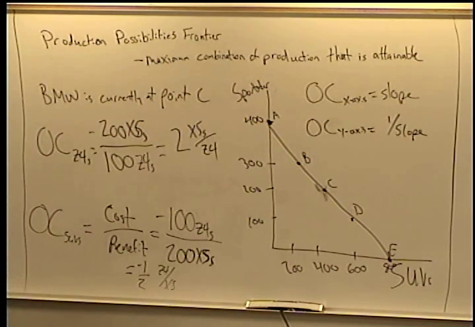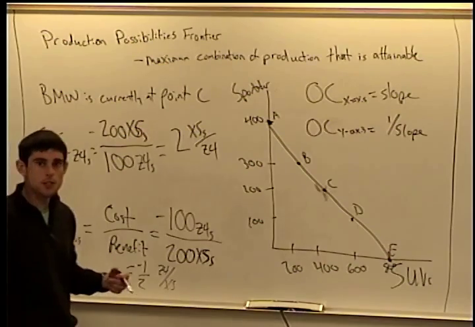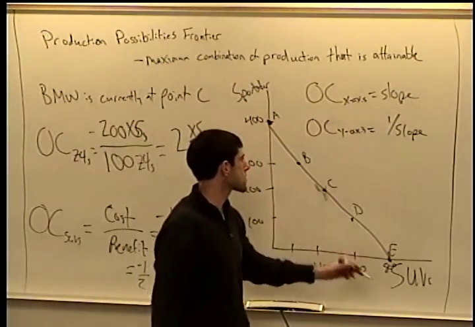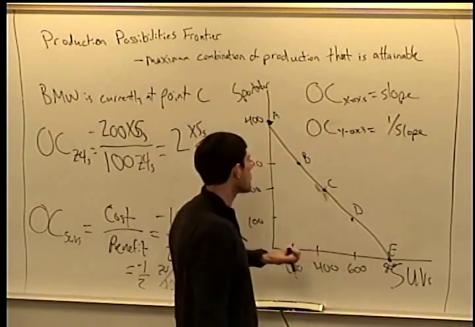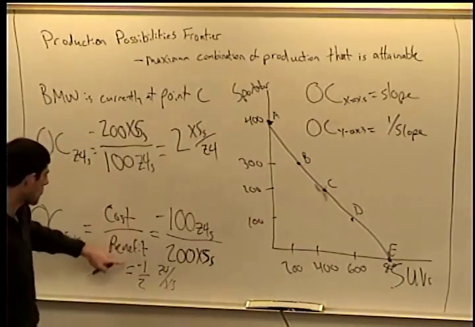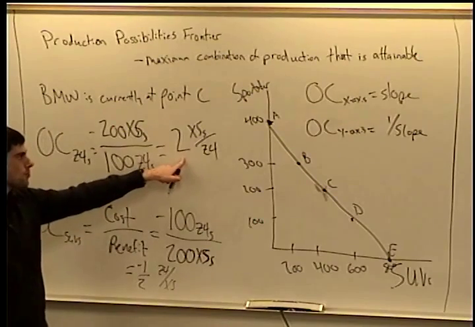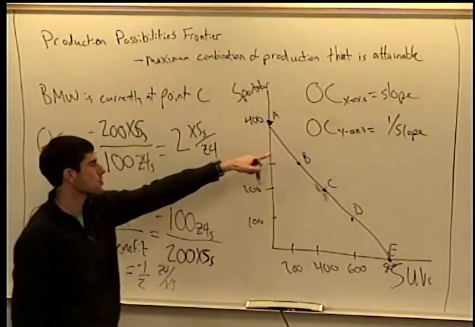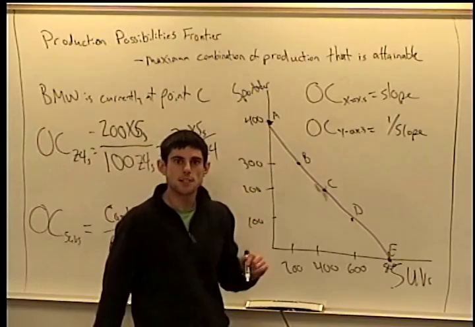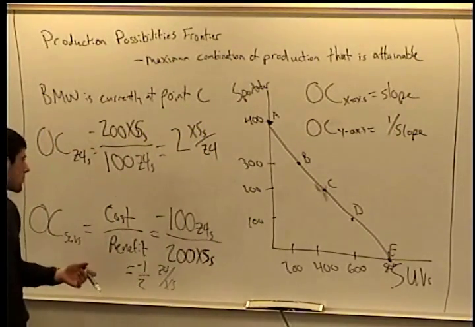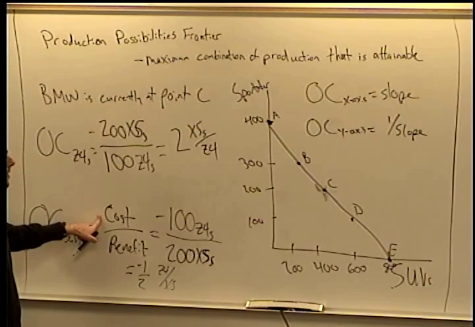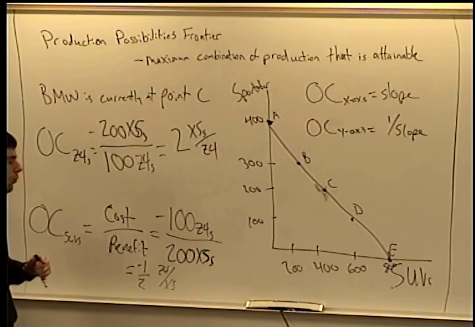Okay, so if we have our production possibilities frontier, the slope of it gives us the opportunity cost of our x-axis, and 1 over the slope, 1 divided by 1/2 gives us 2, which gives us the opportunity cost of our y-axis. Okay, and opportunity cost is always, always, always measured by what did it cost us divided by what did we gain.